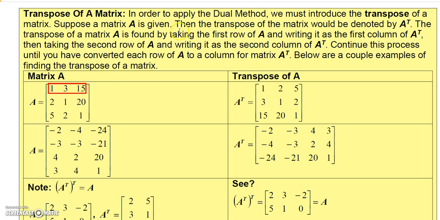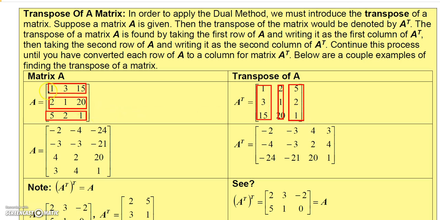So notice I'll take the first row and I'll make it be the first column. And then you take the second row and make it be the second column. And then you take the third row and make it be the third column.